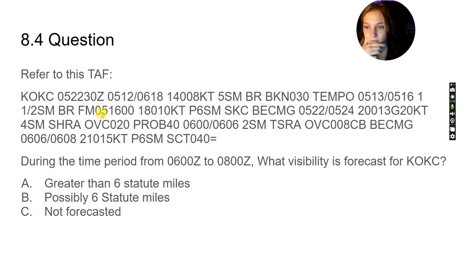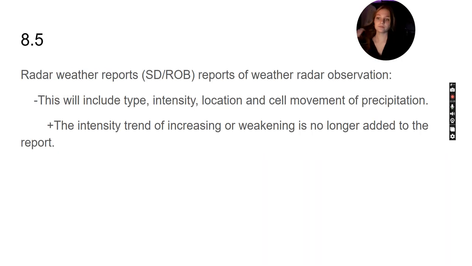So let's find the FM. So FM from 1600, and then is there another FM? I don't think so. Okay. So then we go look at the statute miles, and it is right here, which is 6 statute miles. And you might have gotten tricked and say that it's possibly, but P stands for plus, so it'd be greater than 6 statute miles.